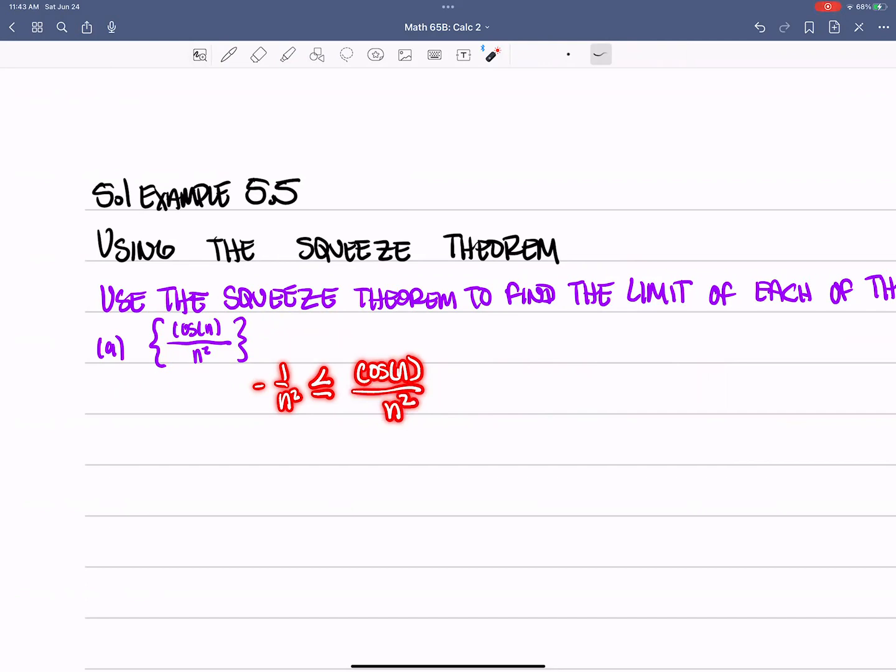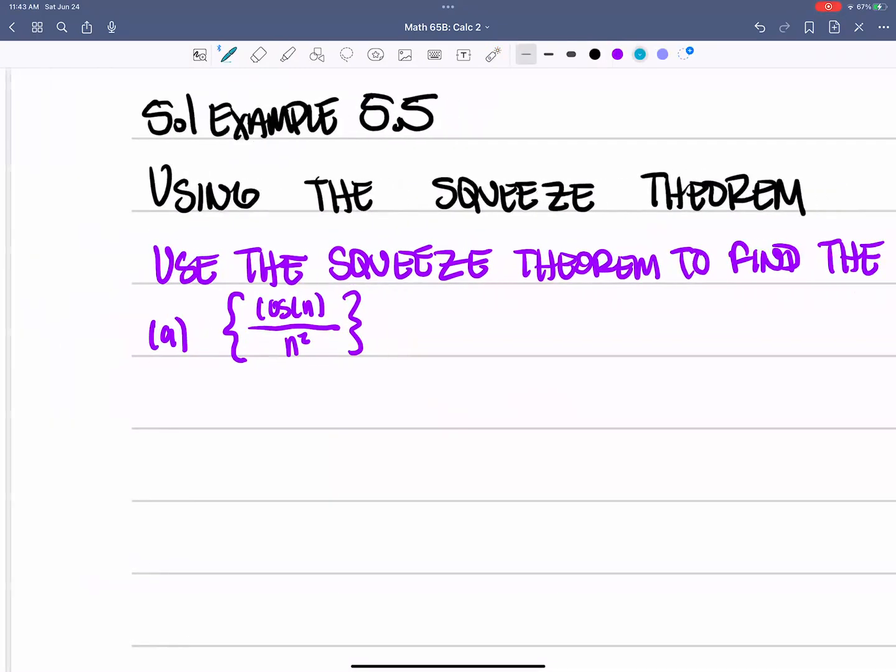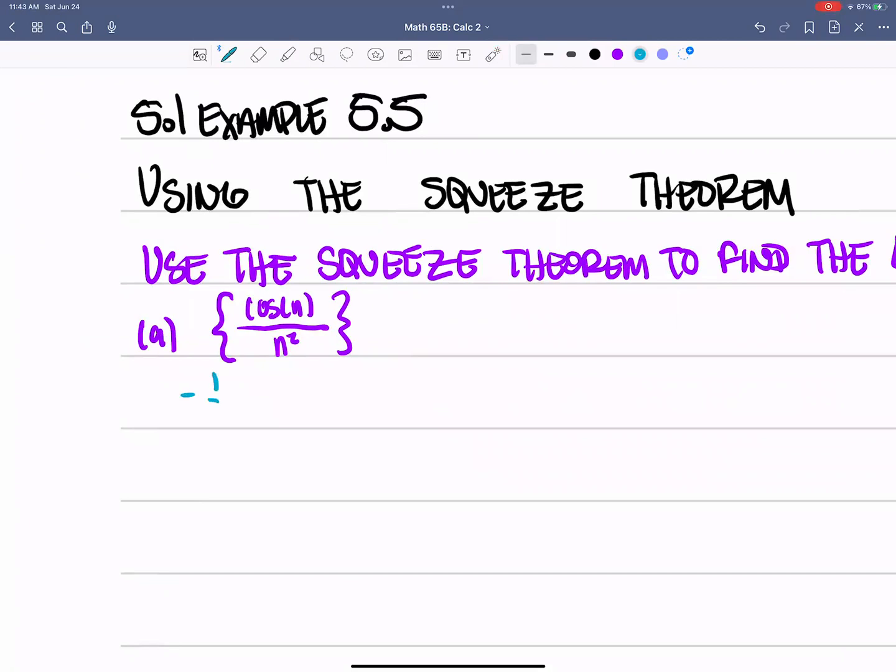And if we look at the positive version, we know that they go to this right here. So we know that this is going to be true for all values, especially since cosine is either going to be negative, or it's always going to be smaller than everything else. So again, I know that 1/n² is always going to be greater than or equal to cosine of n/n².